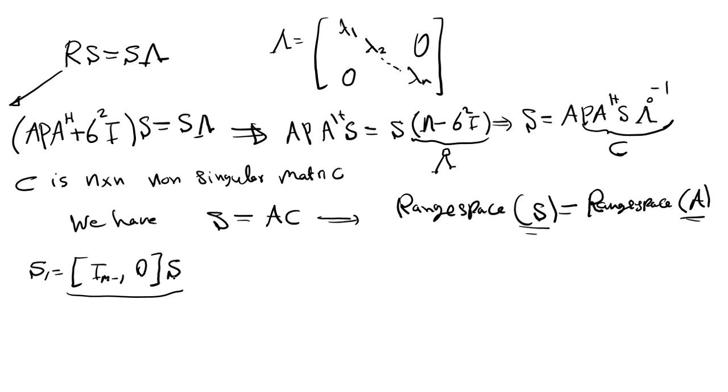I removed the last row of S and what remains is S1. And also I define S2 as [0, I_(M-1)] times S. This is the matrix S without the first row. These matrices are M minus 1 by n.